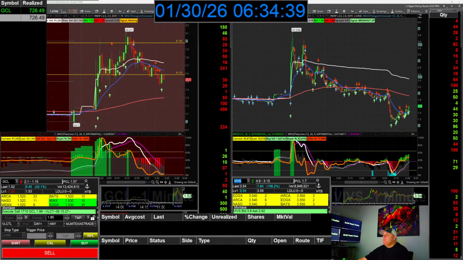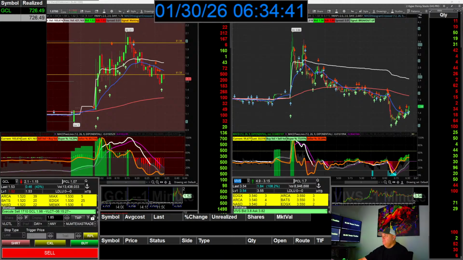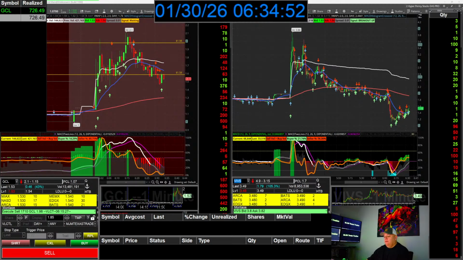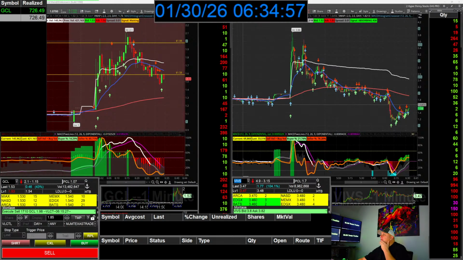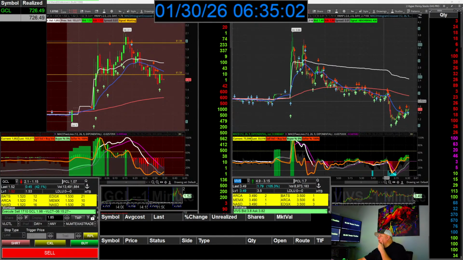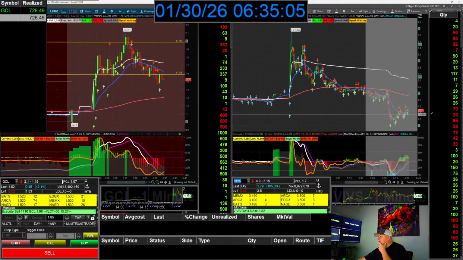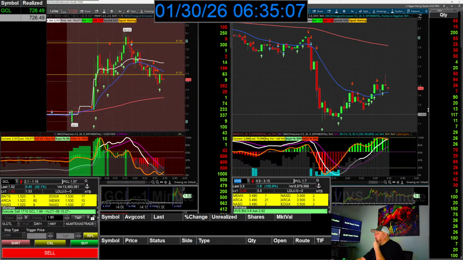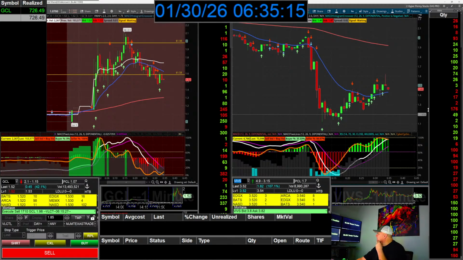Let me go ahead and move that up there. Make sure DAS is right there. I can keep that one down. And see, this one here, the FATBP, it's backside. It's already past time. I have a 1 minute chart in the bottom there, and a daily chart in the bottom that you can't see.